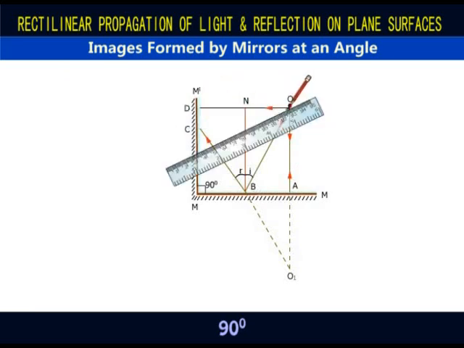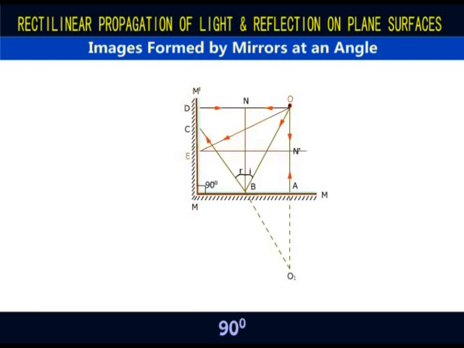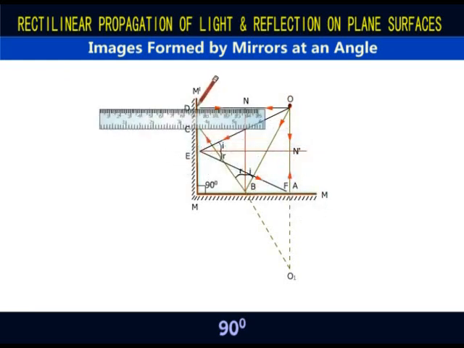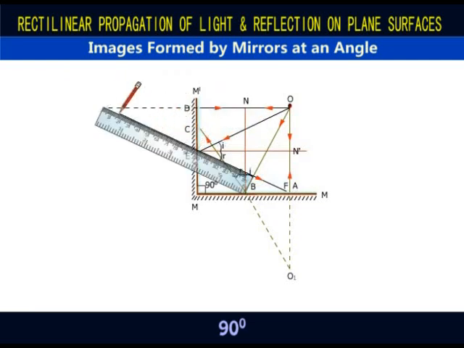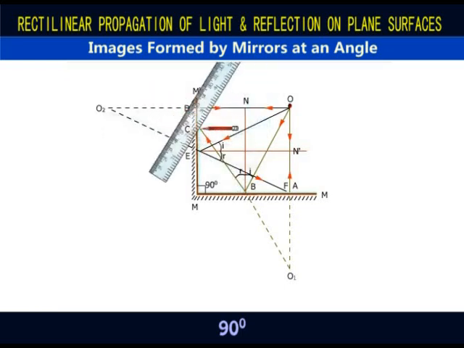OD and OE represent the rays incident to mirror M'. OD being normal retraces its path, while OE is reflected along EF. Extending OD and EF backwards, the second image is formed at O2. The reflected ray BC gets reflected internally by the mirror M' along CG.